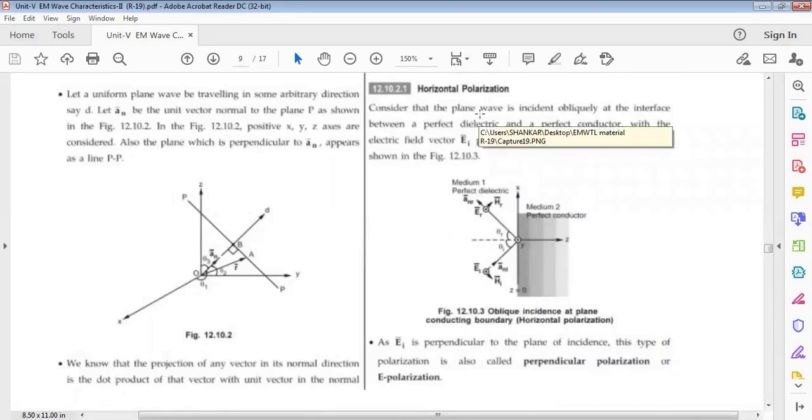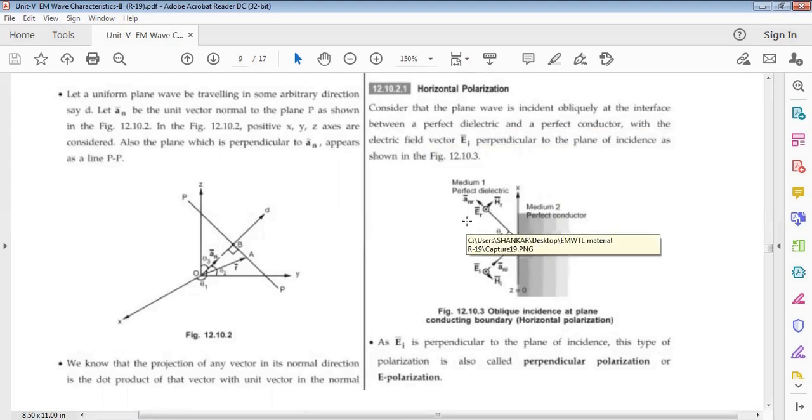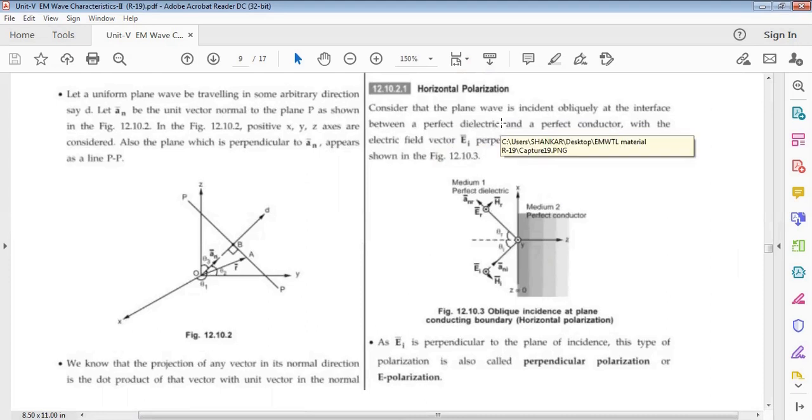So what is a horizontal and what is a vertical polarization? It means a plane wave is incident obliquely at the interface between the perfect dielectric and the perfect conductor. There is a boundary line here, and the dark shade is representing the perfect conductor, and on the left hand side is a perfect dielectric.